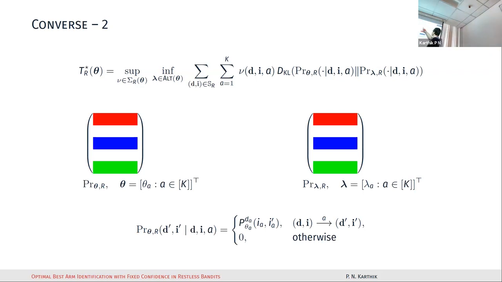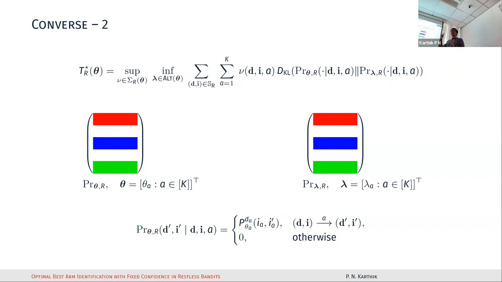The KL divergence in the IID case was between two distributions, one whose mean is equal to mu A, another whose mean is equal to lambda A. Here it is the KL divergence between the rows of the transition probabilities of the MDP. Recall, the transition probabilities give, for the current state and action, the next state. You take any particular row of this transition matrix; that is a distribution on the state space of the MDP.